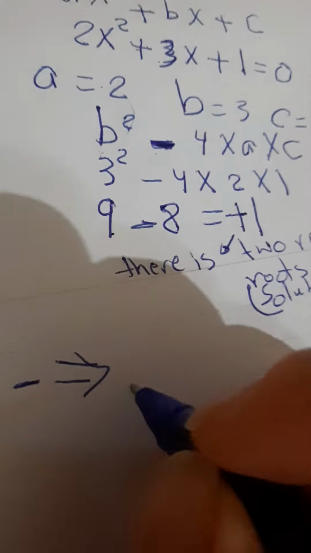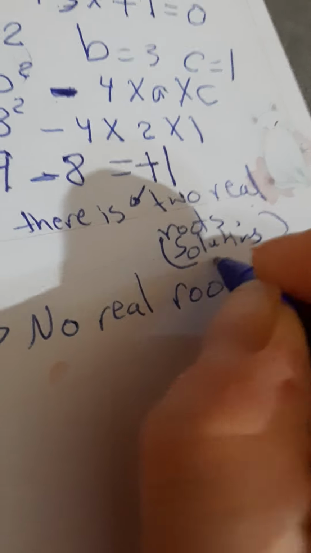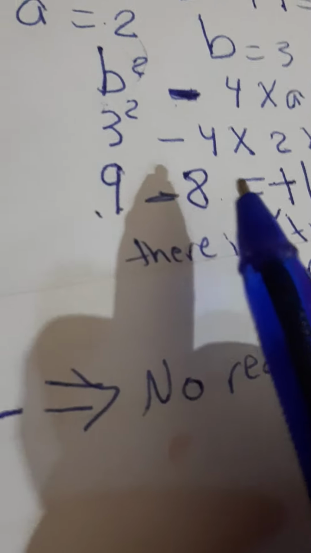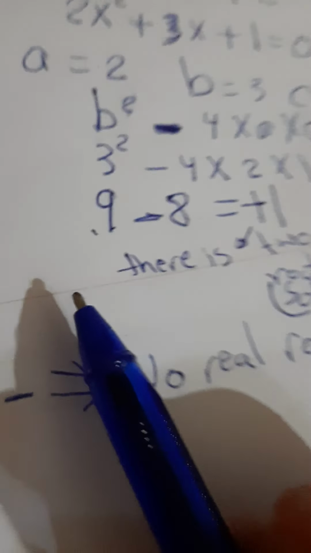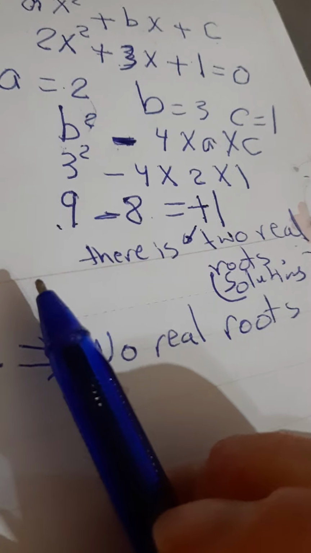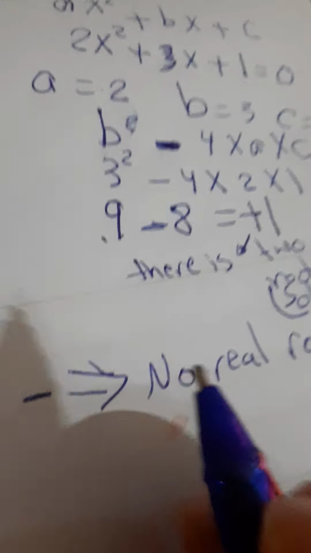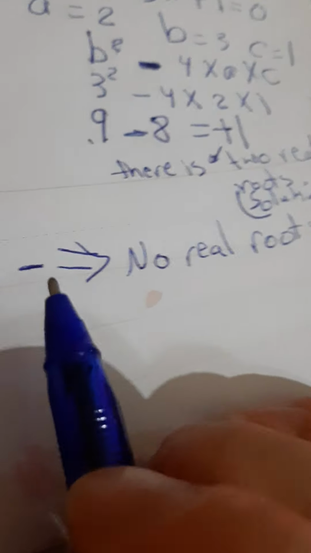It means no real roots. Sometimes it is not 9 minus 8, it's 8 minus 9. If it's 8 minus 9, negative 1. Again, for example, 5 minus 4 is 1. If I get 4 minus 5 after I finish the work, it will be negative 1. So any negative answer, regardless of what it was, means no real roots.